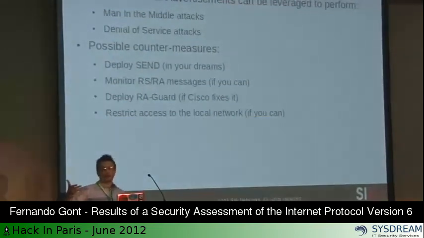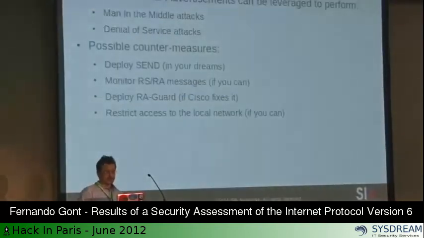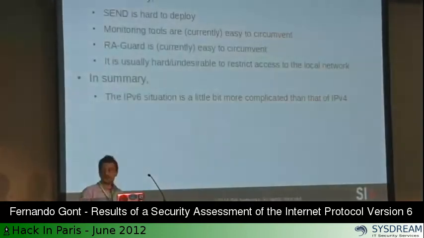An attacker could be connected to the local network and just spoof the router advertisement messages and perform all kinds of attacks, from man-in-the-middle attacks to denial of service and so on. In most cases, the countermeasures are the same. All of them are the same as before, with the addition of another one that is router advertisement guard. Router advertisement guard is something analogous to DHCP snooping.